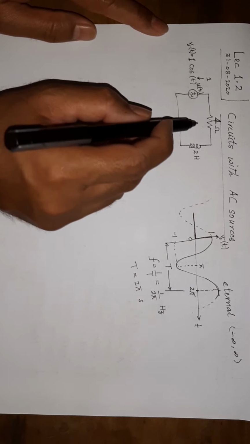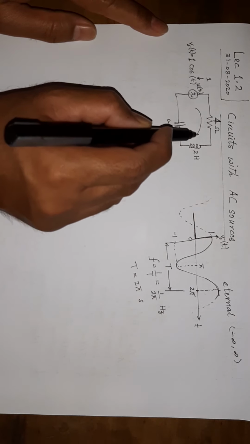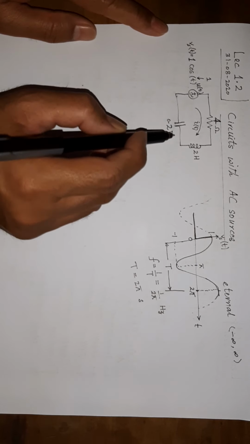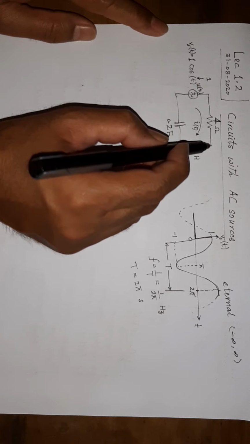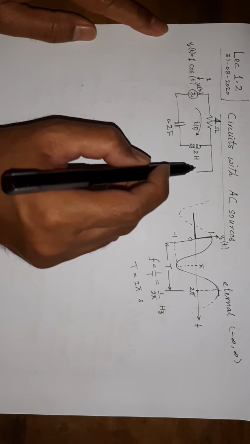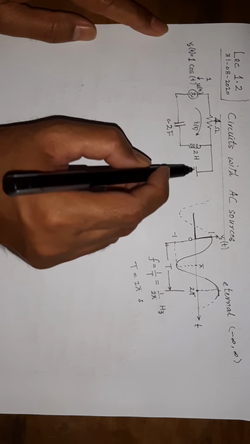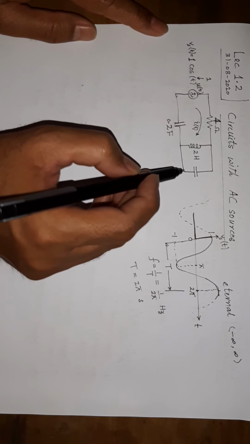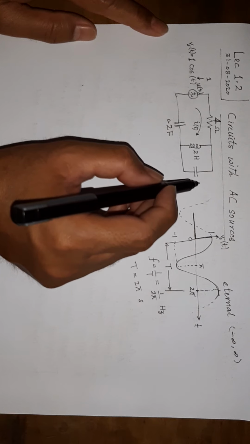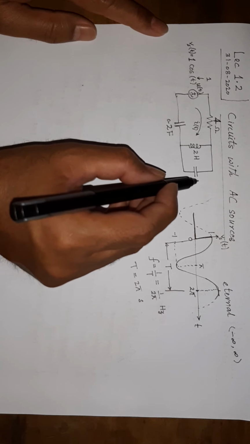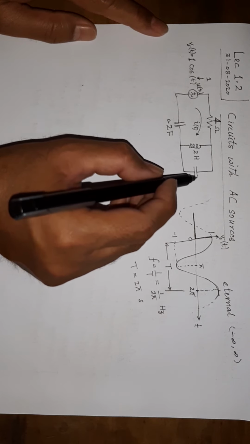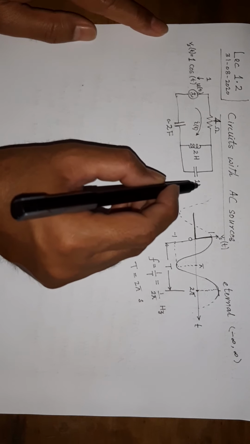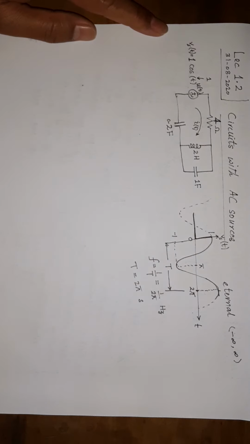If I tell you to find this i, okay, let us add something here as well, so that it turns into a circuit that we cannot solve with our current knowledge. That's the objective right now. So suppose this is a capacitor of say 1 farad capacitance.